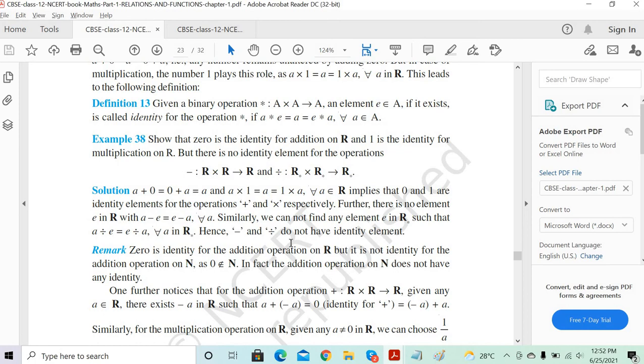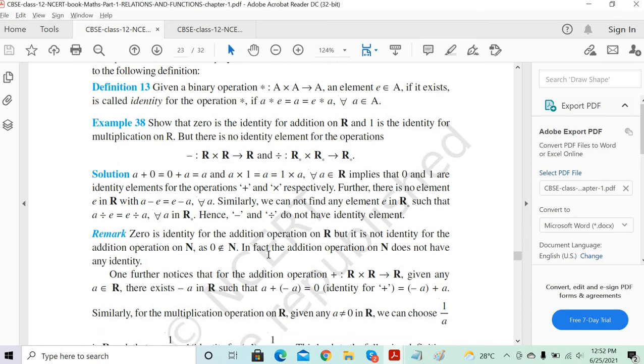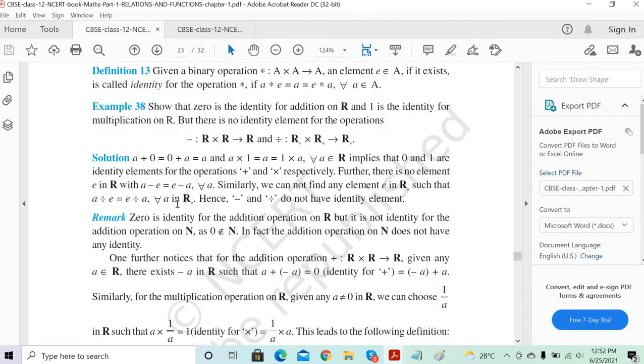0 is the identity for addition on R, and 1 is the identity for multiplication. Let's understand this part. The meaning is very simple. For addition, when you do a plus b, what will be the identity element?